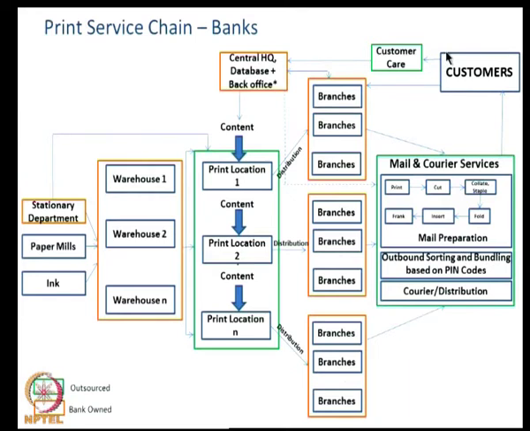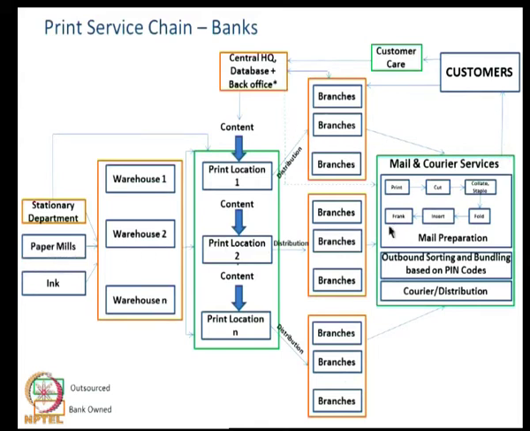Supposing there is a house loan form, and that form has to go to the headquarters. And for example, credit card bills or bank account statements have to be mailed to the customers from the branches afterwards.